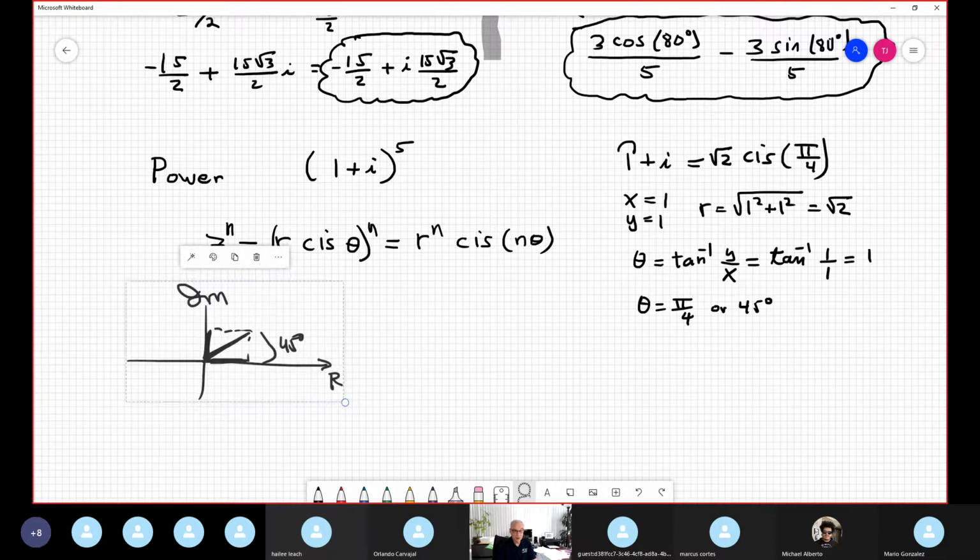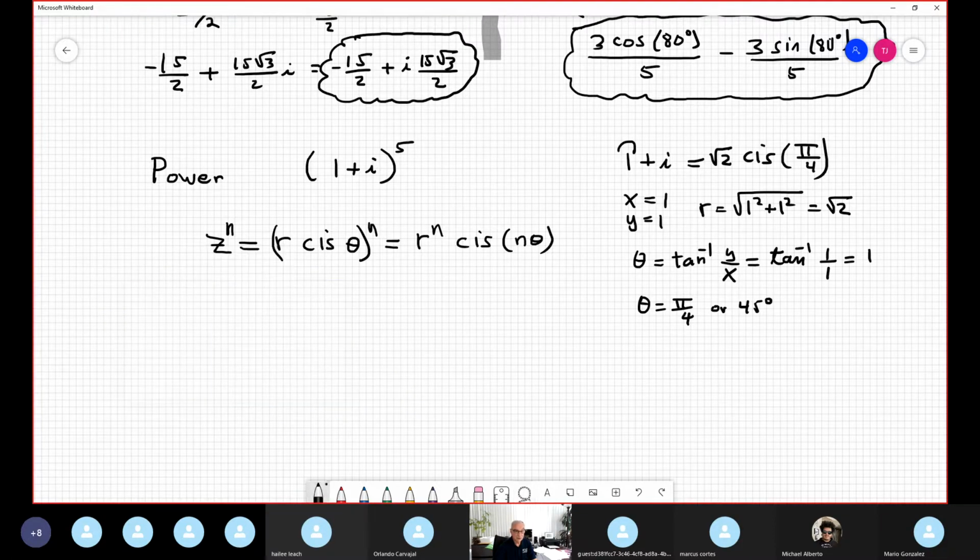The situation you have now is this complex number, 1 plus I, raised to the 5th power. It's equivalent to radical 2 times cosine plus I sine of 45 degrees, all raised to the 5th power.